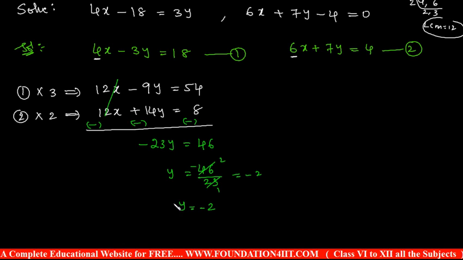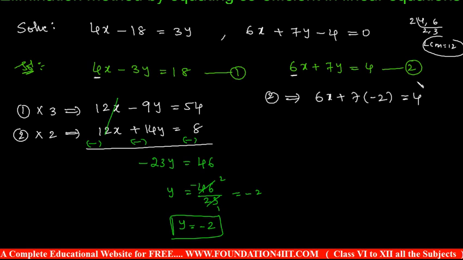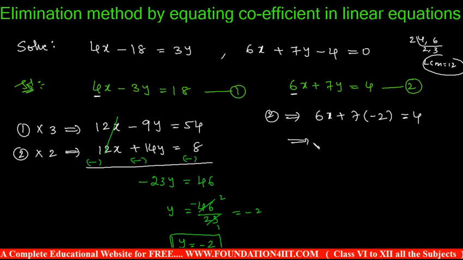The y value is minus 2, we got. Once you know one of the values, then the other value is simple. Just substitute the y value in equation 1 or 2, and we'll get the other one. So from the second equation, the y value is minus 2. 6x plus 7y, with y as minus 2, is equal to 4. We can simplify this. That is 6x minus 14 is equal to 4, because 7 into minus 2 is minus 14.